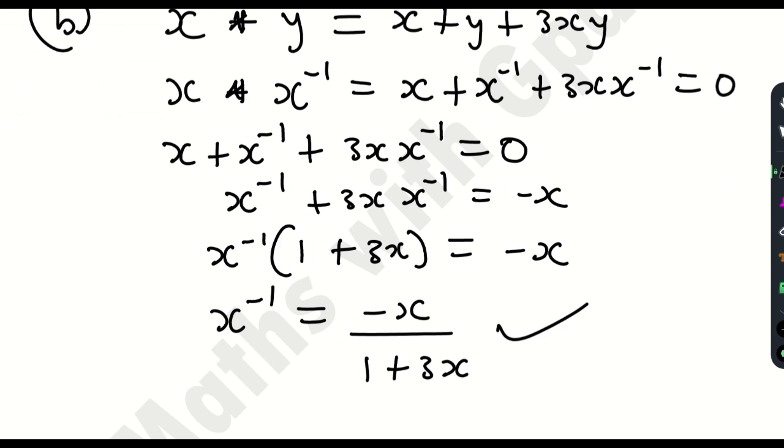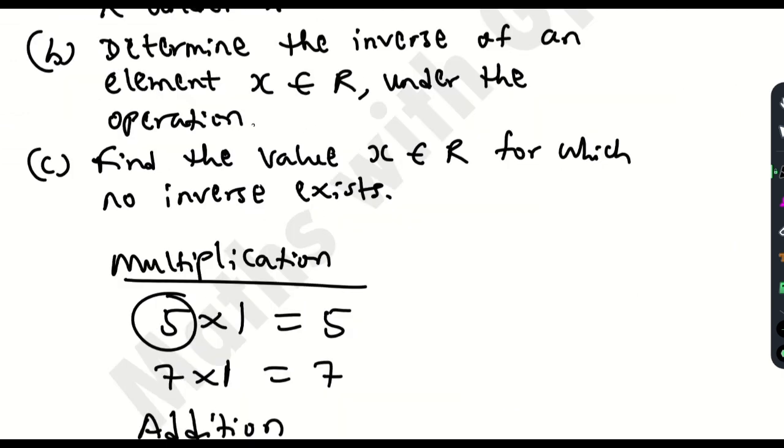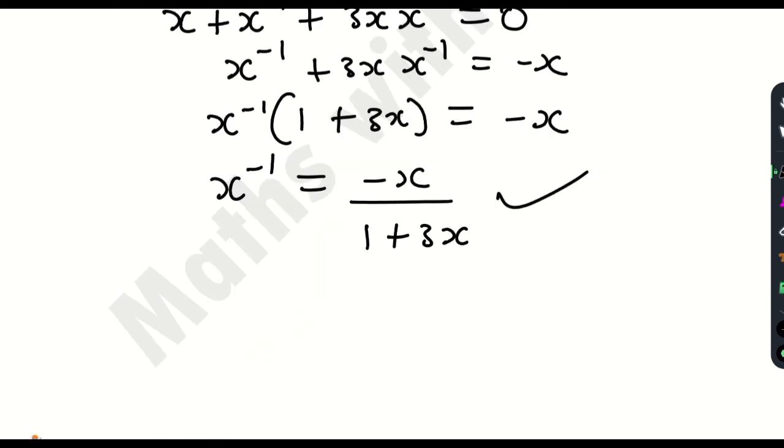The last question, let's go back to the question. This last one says, find the value of x under the operation for which no inverse exists. If no inverse exists, let's go back to the inverse that we got earlier. Remember the inverse is equal to negative x over 1 plus 3x. For this inverse not to exist, this must be undefined. What will make this rational expression undefined?